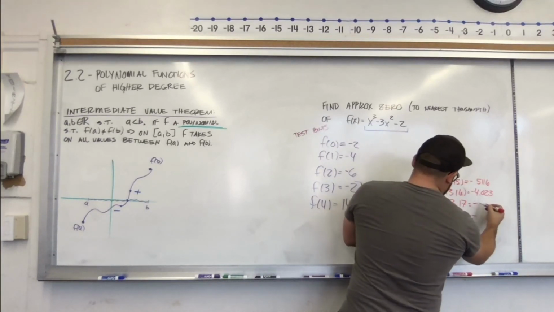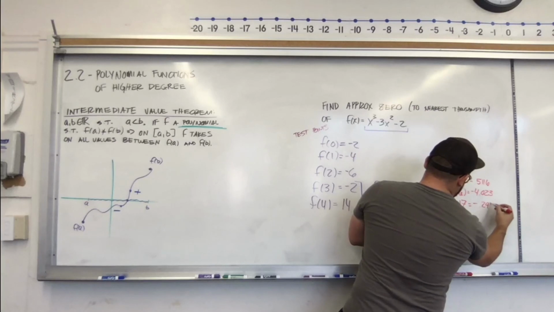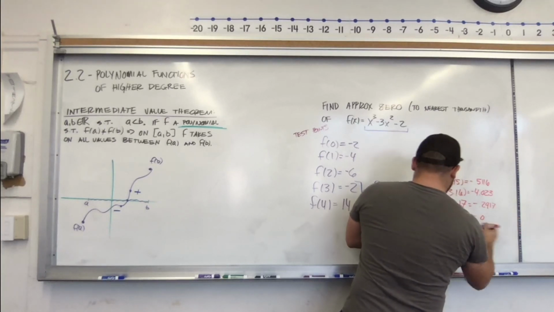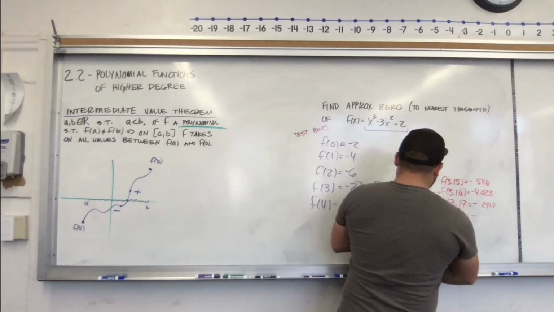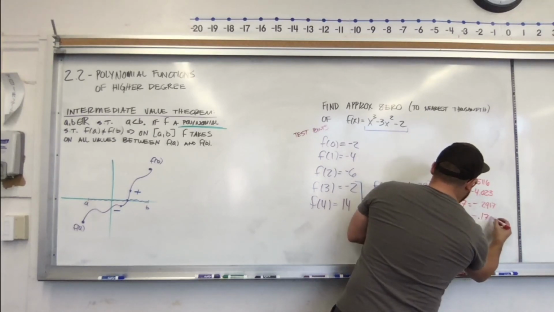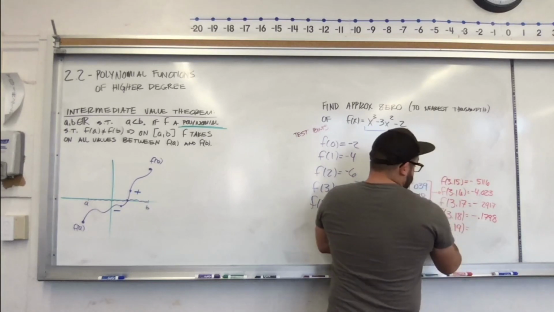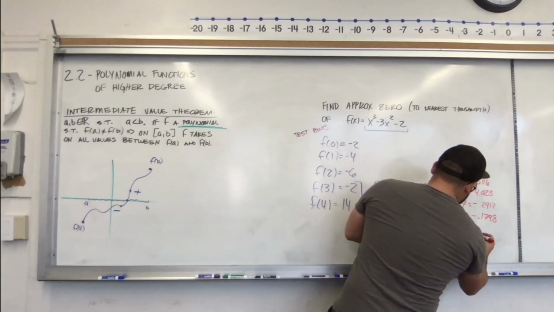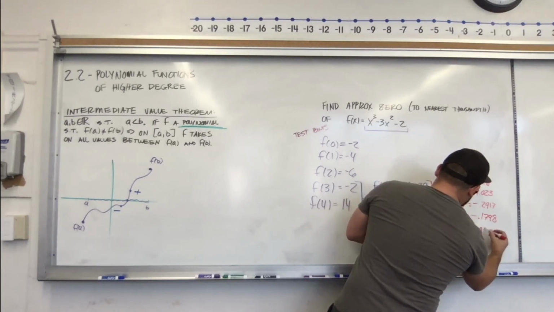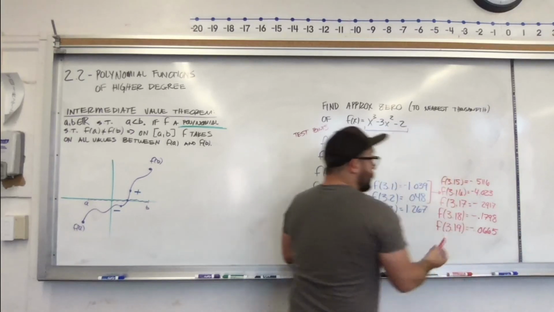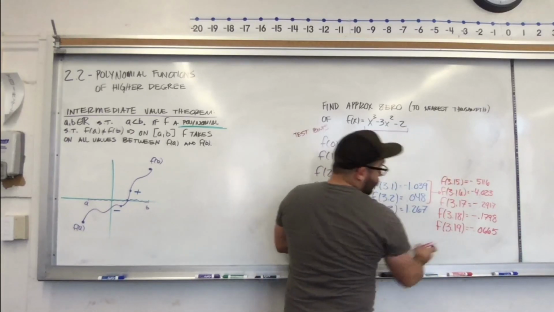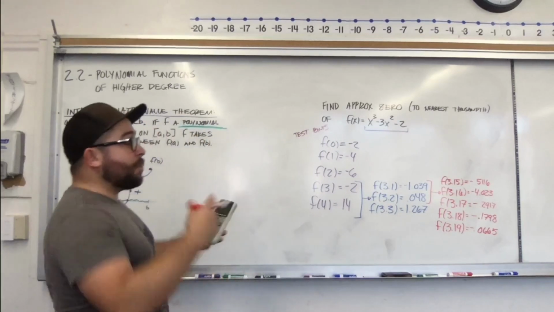For these, I end up with negative 2.917, and this one is negative 1798. Of 3.19, I start to get really close to 0, 0.0665. So it's looking like the closer I get to 3.19, we're getting closer to 0.